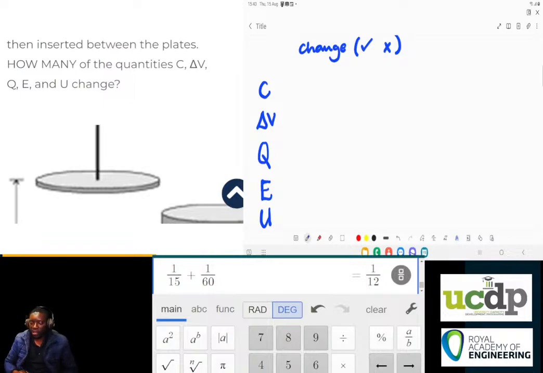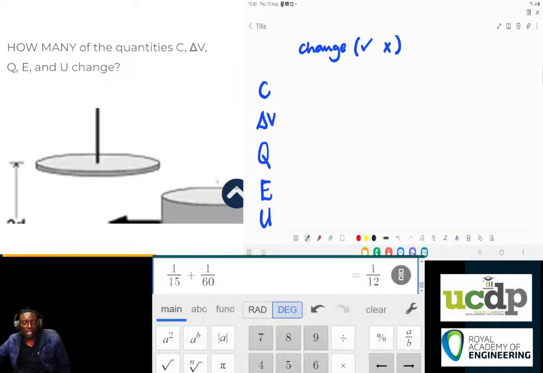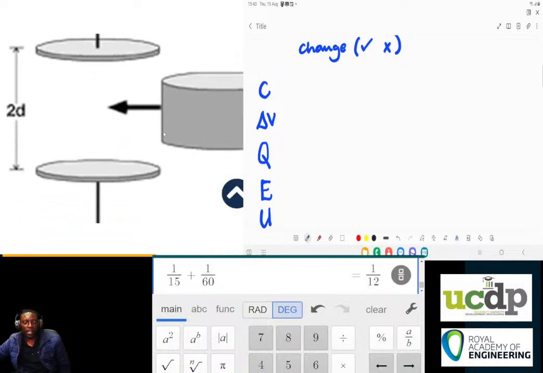What do you say about capacitance? Change or no change?